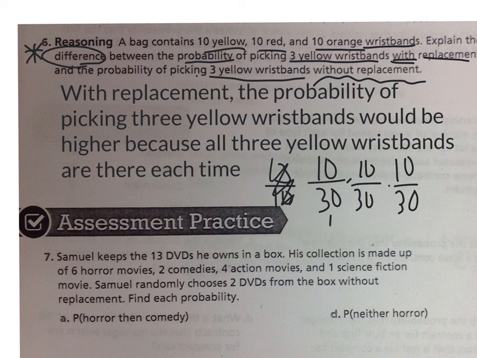If we didn't replace it, we'd have a 10 out of 30, then 9 out of 29, then 8 out of 28. So there's less wristbands, but there's also less yellow wristbands, so it should offset it to where we have a better chance if we just put it back in.